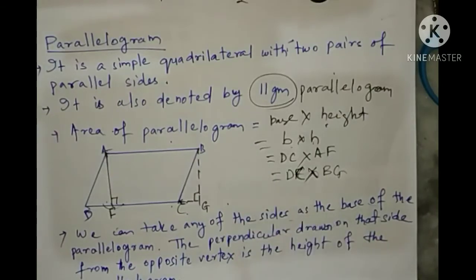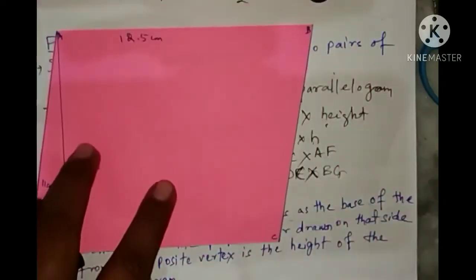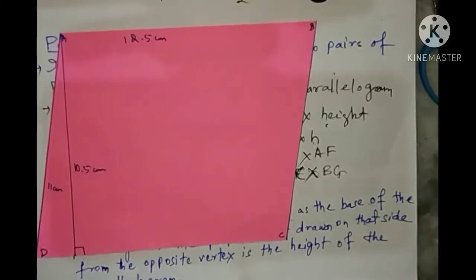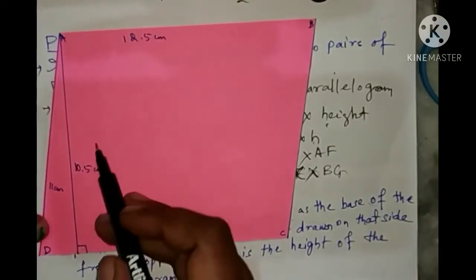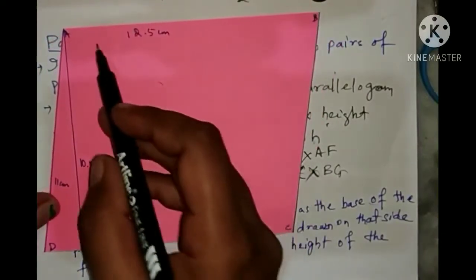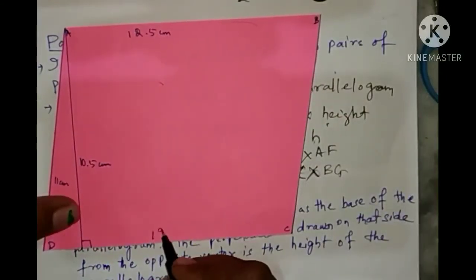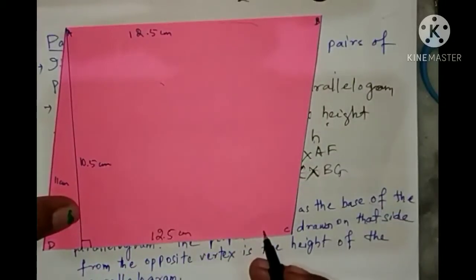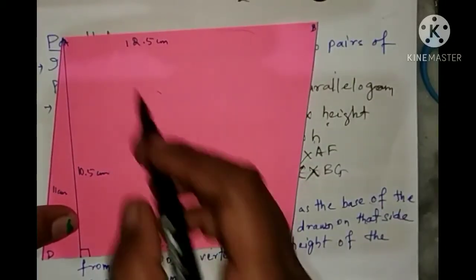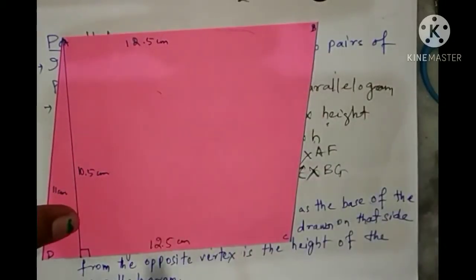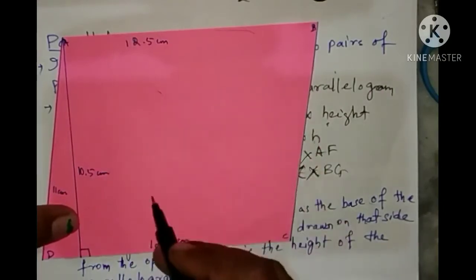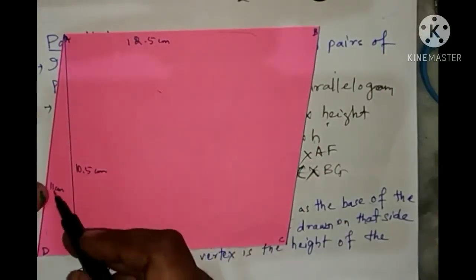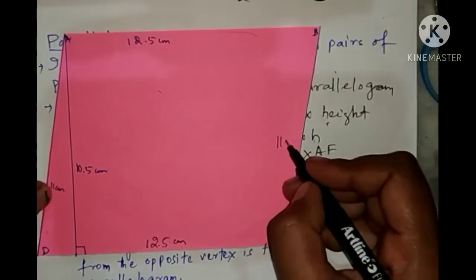So look here. Here this one is a parallelogram, and the opposite sides are parallel and equal. Look, AB and CD are parallel and equal. Like that, AD is 11 centimeter, BC is also 11 centimeter.